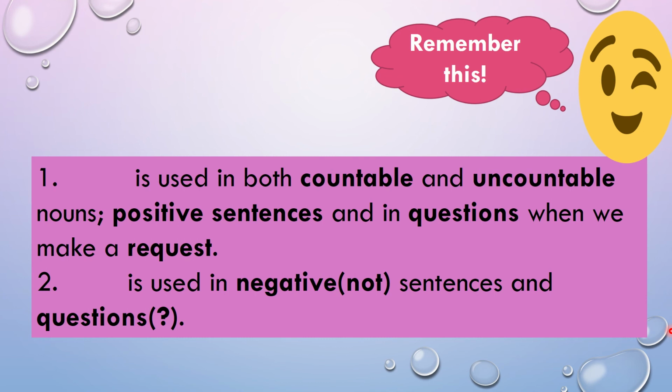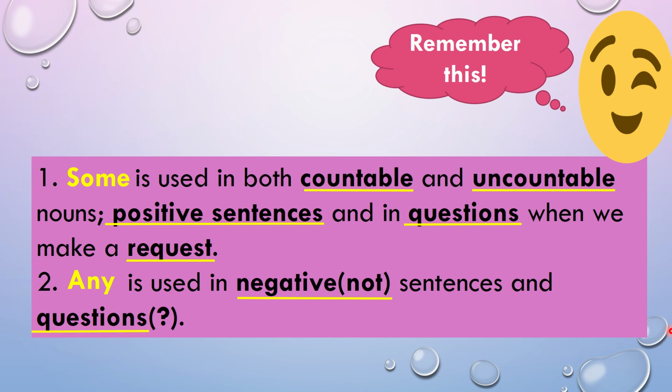Let's remember this. Some is used in both countable and uncountable nouns, positive sentences, and in questions when we make a request. Secondly, any is used in negative or not sentences and questions.